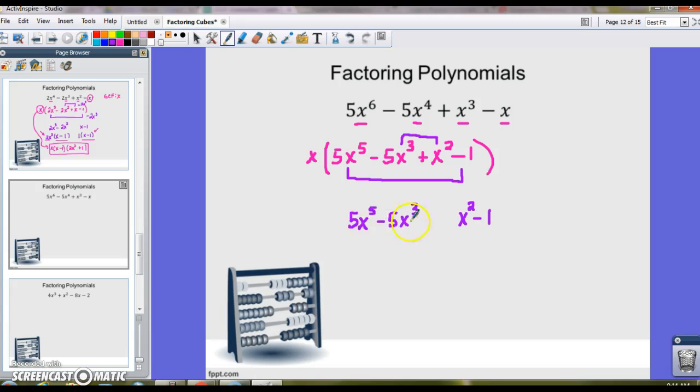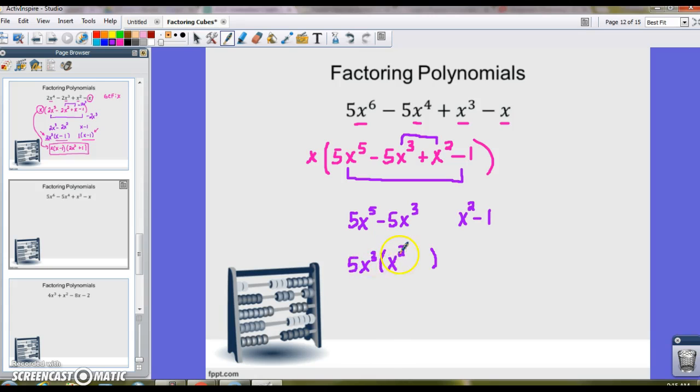Go to your first 2 terms, take out your GCF. Your GCF, look at the numbers, is going to be 5. And then you're going to take the smaller of the 2 x's, which is x to the 3rd. So what do I have to multiply 5x to the 3rd by to get 5x to the 5th? That would be x squared.